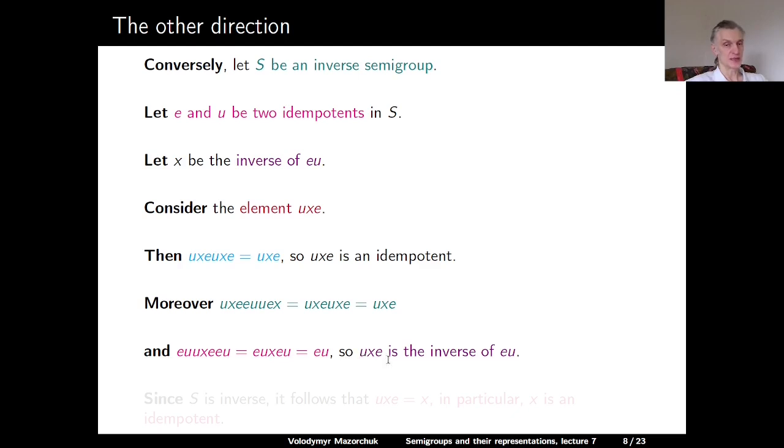So UXE is indeed the inverse of EU. So we have an inverse semigroup, both X and UXE are the inverse, so it follows that UXE is equal to X. And in particular, X is an idempotent. So the inverse to the element EU is an idempotent.